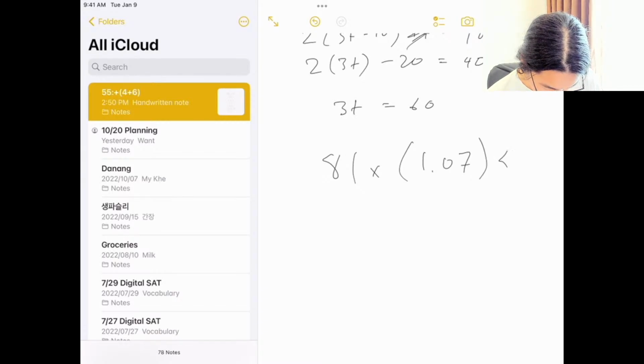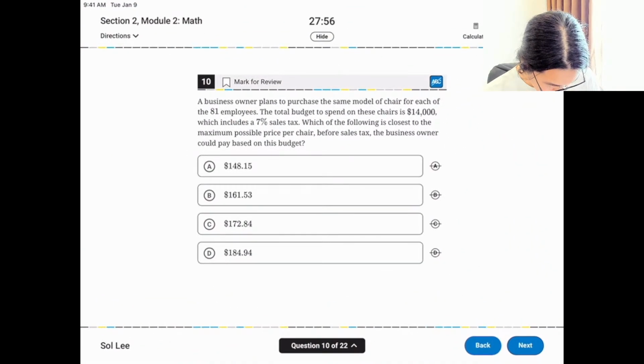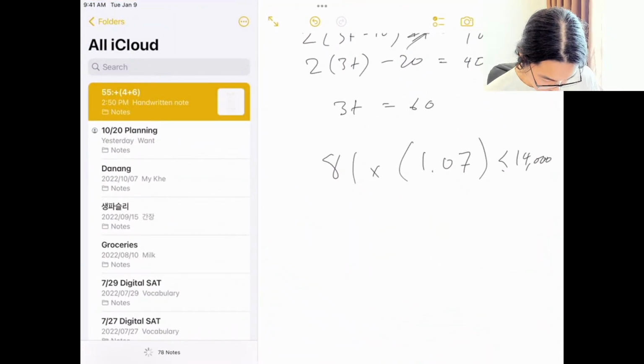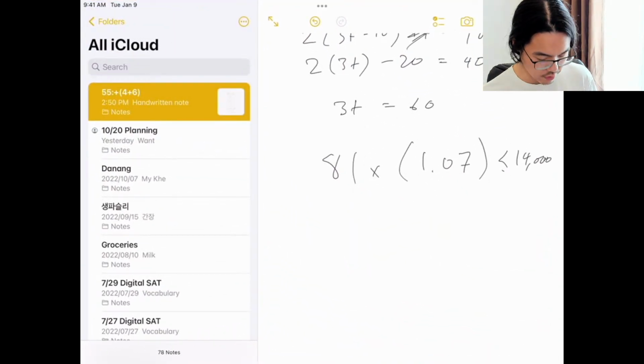is less than 14,000. Okay. 81x before sales tax. Okay, so then we have to divide this. I need a calculator for this.